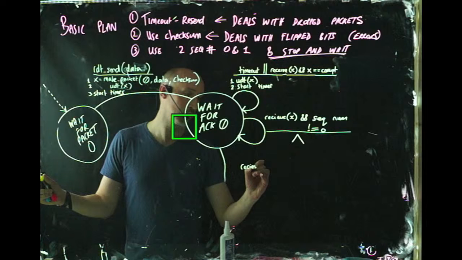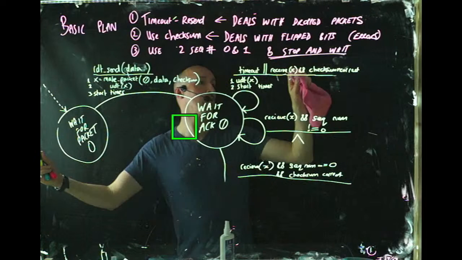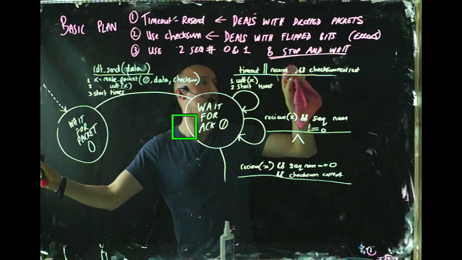In this case, if I receive a packet and the sequence number is 0, sorry, it's not x at all, I'm getting myself muddled here. I sent x, so I'm waiting for an acknowledgement. So receive ACK, and then checksum; there'll be a checksum in the ACK as well.